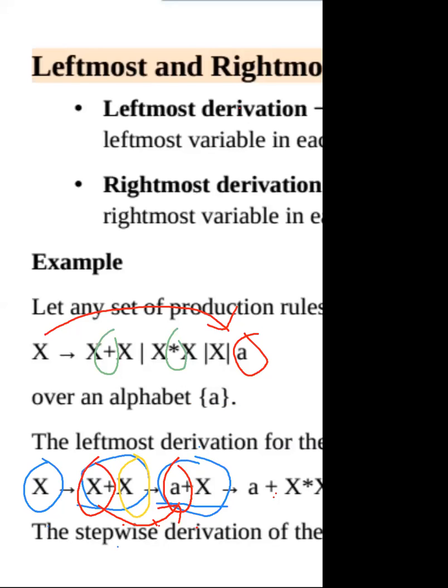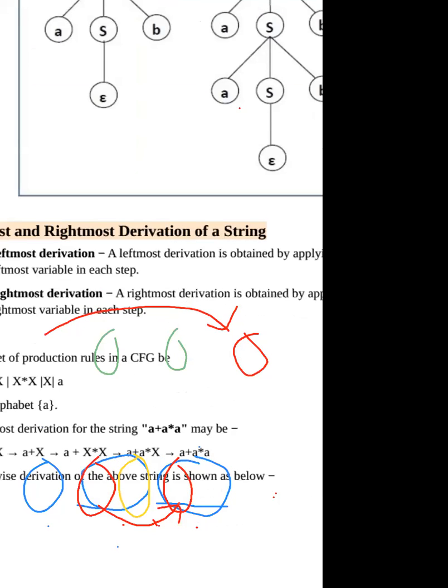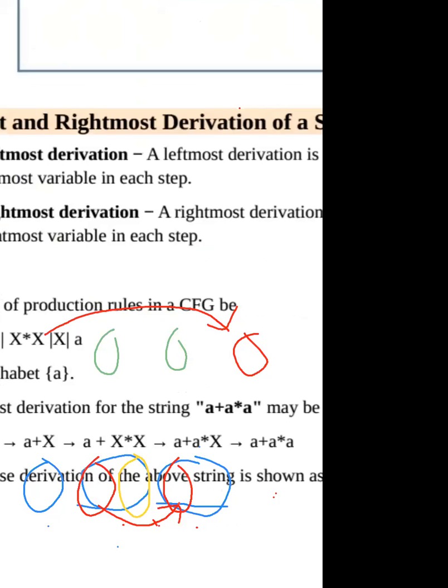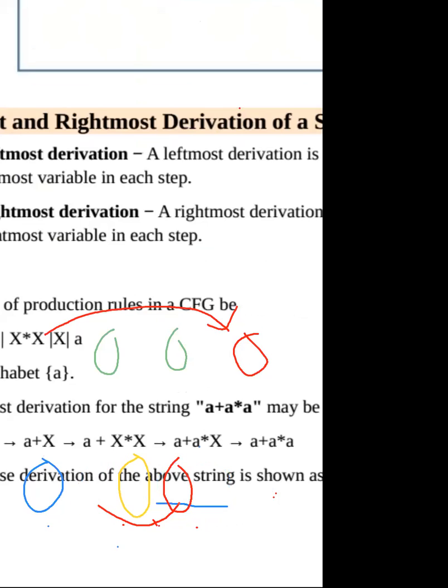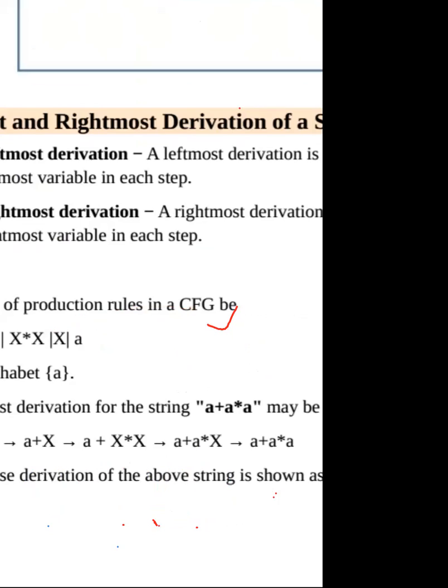Then the second step. Next, look. The next line is A X into X. So the next line, the X is replaced by X into X. Now tell me, at this point we have a plus x, right?